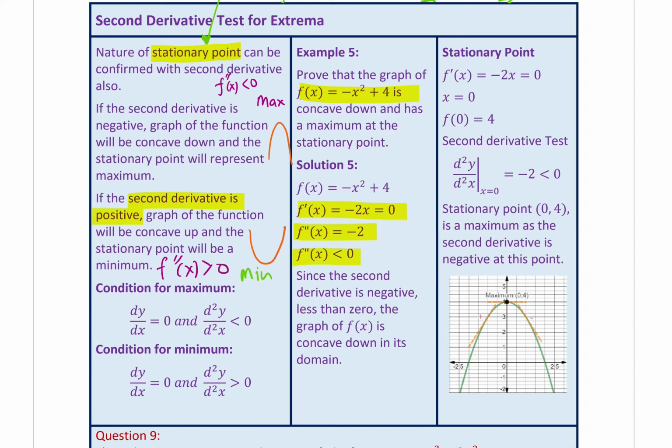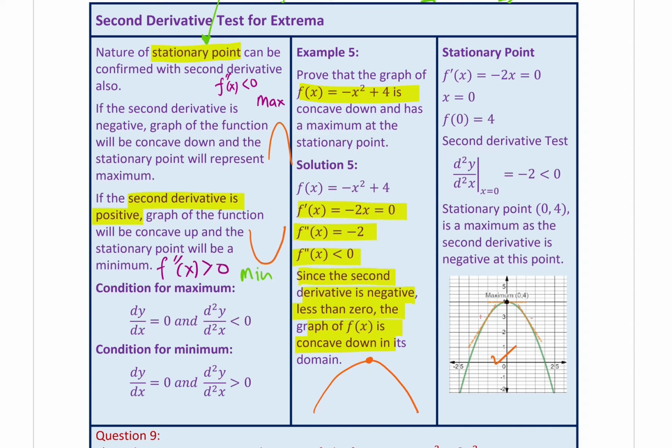Since the second derivative is negative, that is less than 0, the graph of this particular function is concave down. So the graph will be concave down, and therefore we have shown one part, that is, it is always concave down as shown here, and therefore we have a maximum here. Is that clear to you?